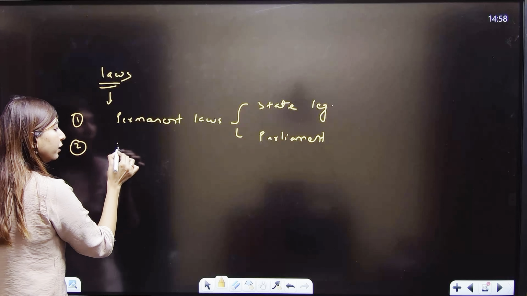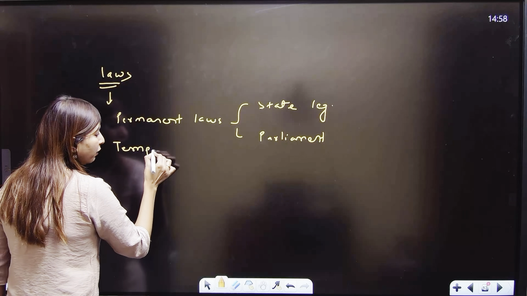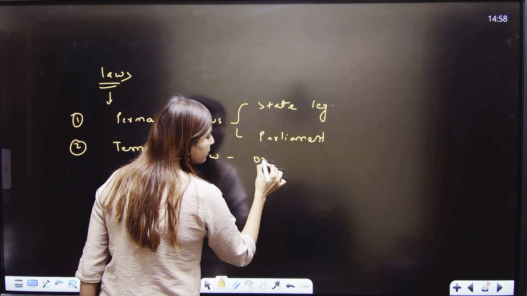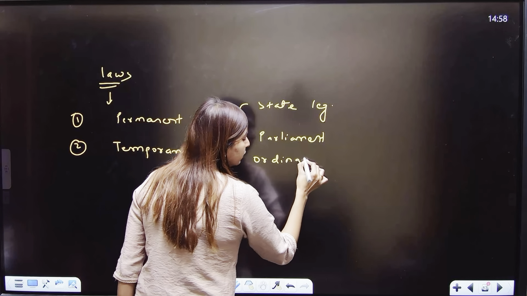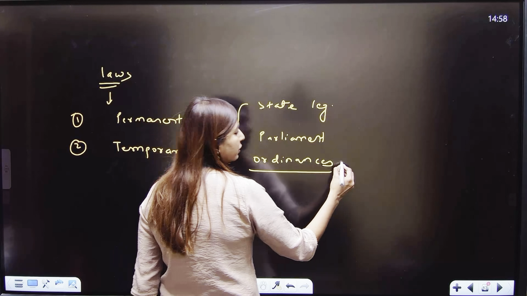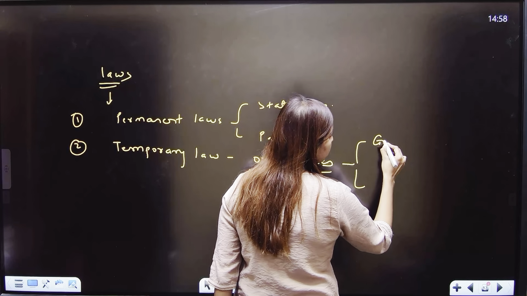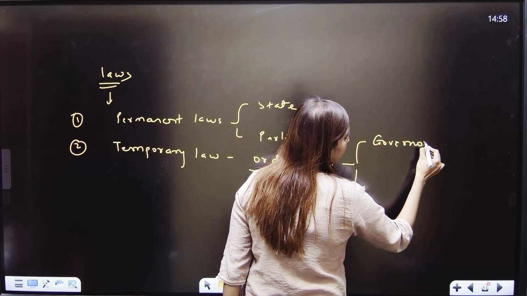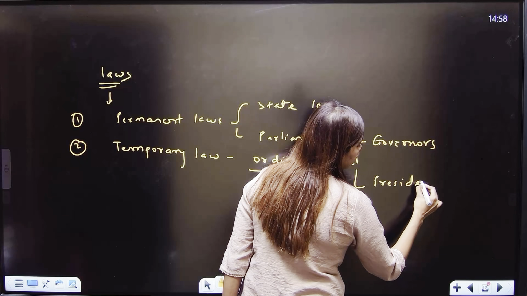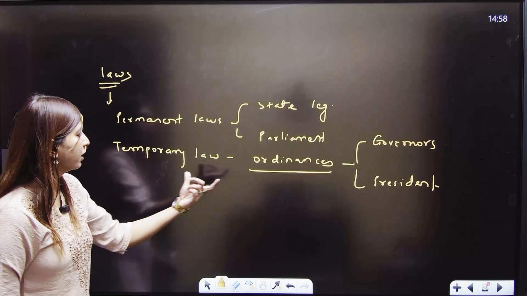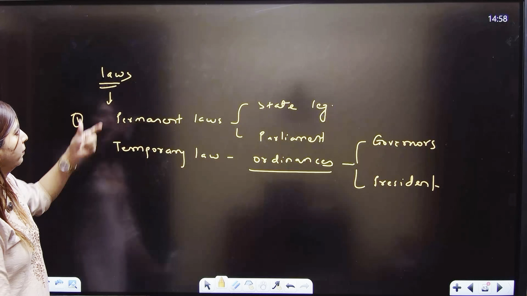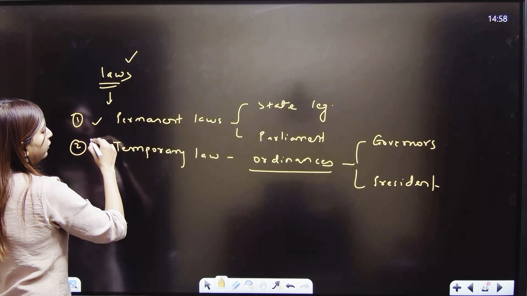Second, temporary laws are also there. What are temporary laws? They are like an ordinance, for example. It is required in particular circumstances or emergency, and it is made by the state governors or by the President. So when the executive makes a temporary law, that is an ordinance, it is also considered as law. Done, one and two.